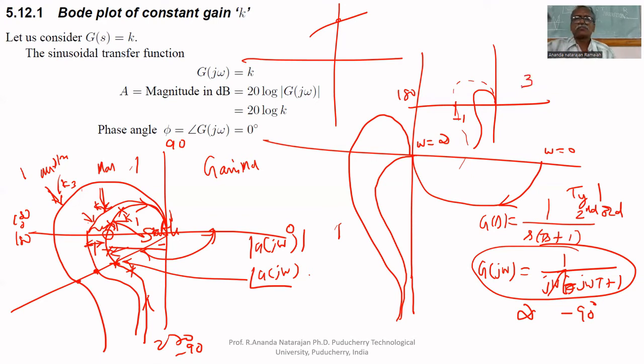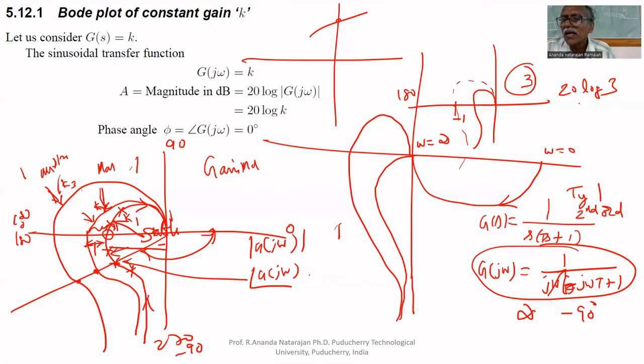K is increased by 3 times. Therefore, gain margin is 3. If I increase gain 3 times, the system becomes unstable. If I want to tell this in decibel scale, it is 20 log 3. 20 log 3 is the gain margin in decibel scale.